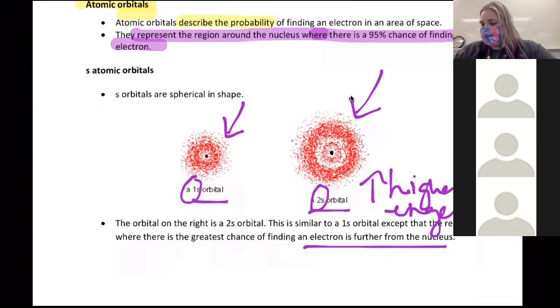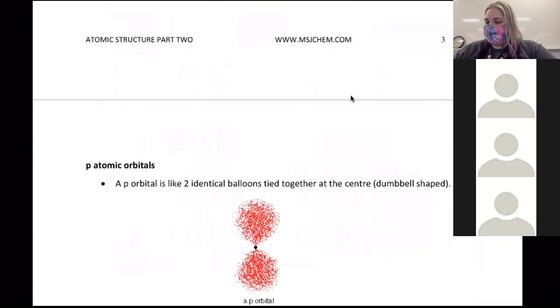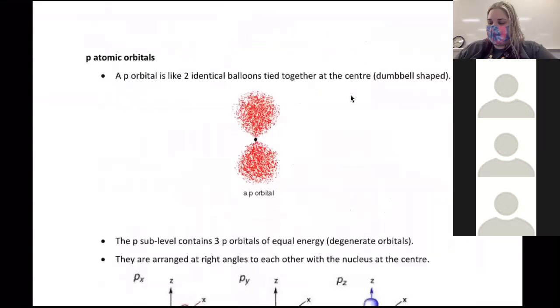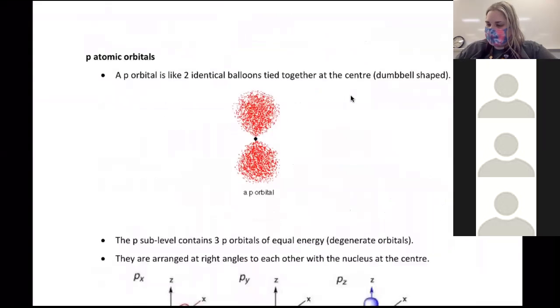For the p orbitals, a p sublevel has 3 orbitals, okay? So that's what it's saying down here. The p sublevel contains 3 p orbitals of equal energy, and the term for that is, they're called degenerate orbitals.